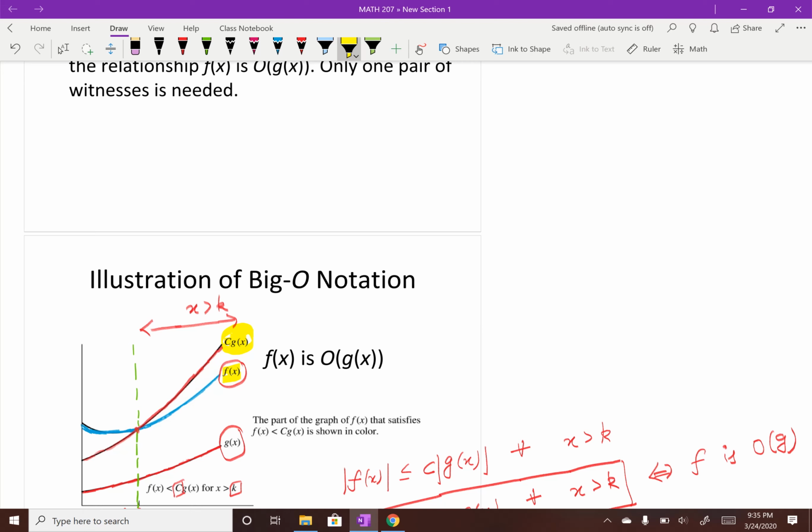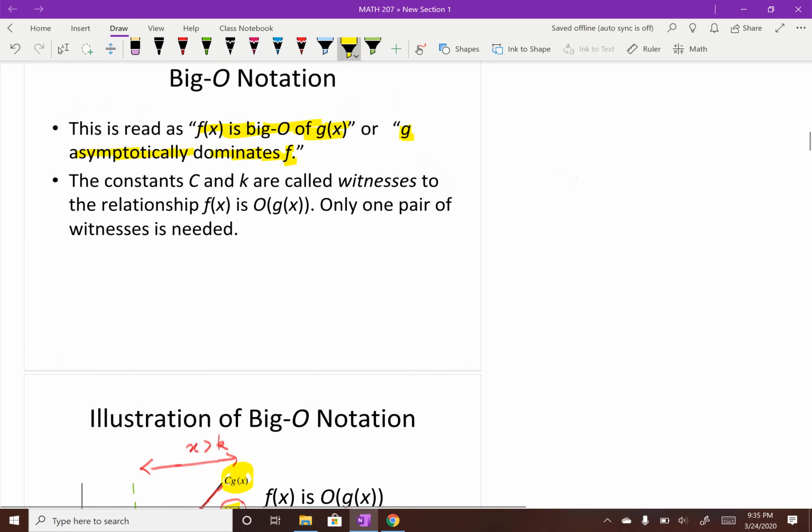That means it's going to give the upper bound on this given function f of x. And these two constants c and k, usually in computer science literature we call them witnesses to this relationship when you can claim that f of x is big O of g of x.